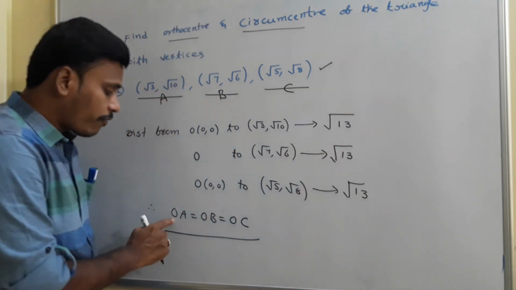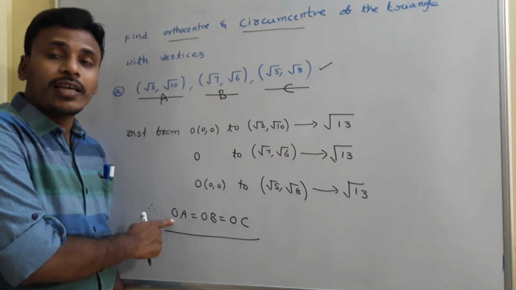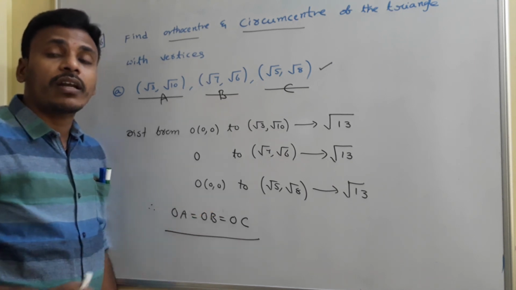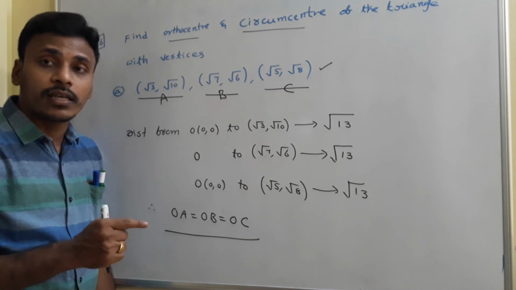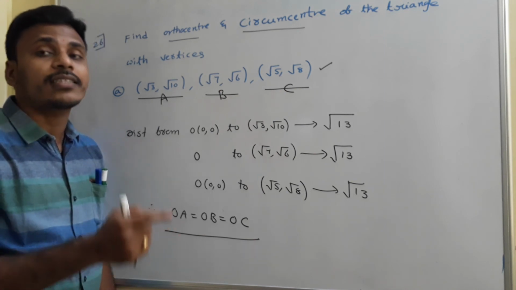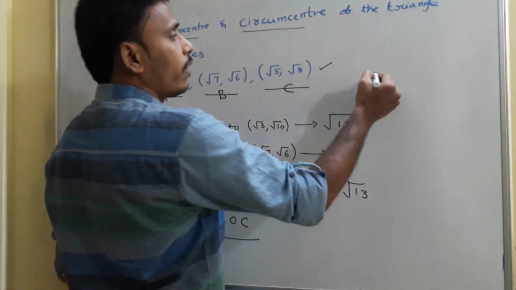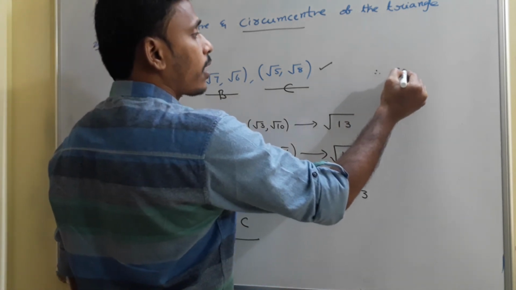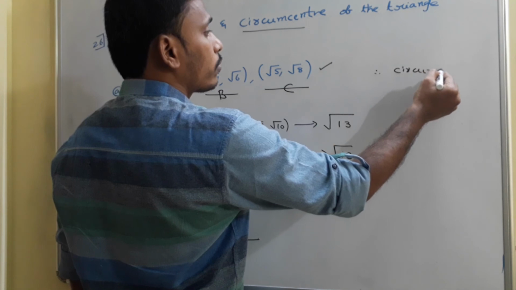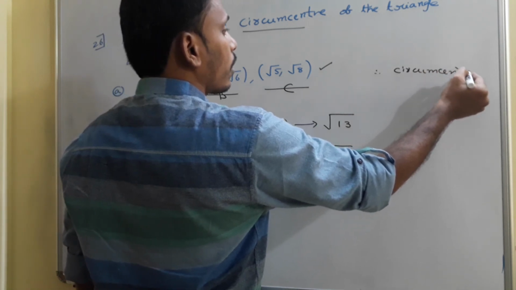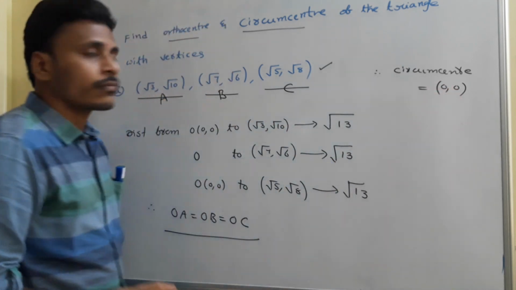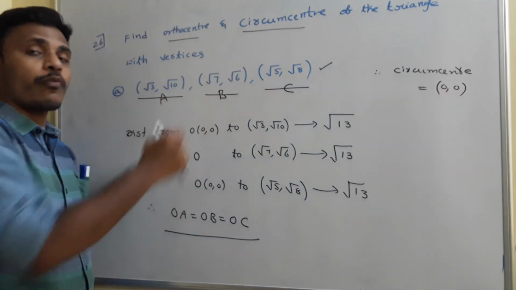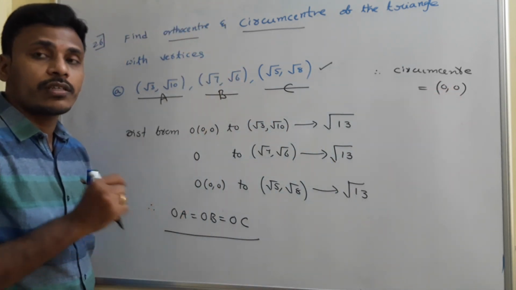That means the point O, the origin, is equidistant from the vertices A, B, C. Since the origin is equidistant from the vertices, we say that the origin itself is the circumcenter. Therefore, for this problem, the circumcenter is equal to the origin.